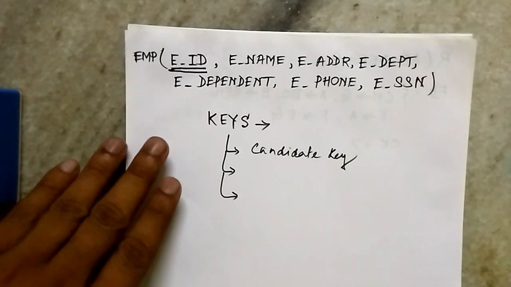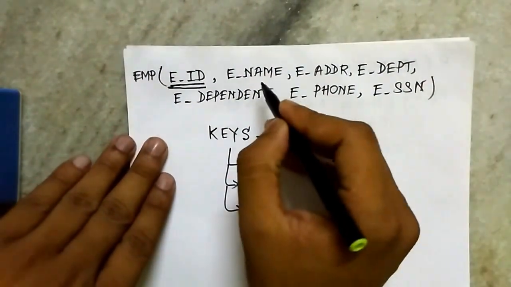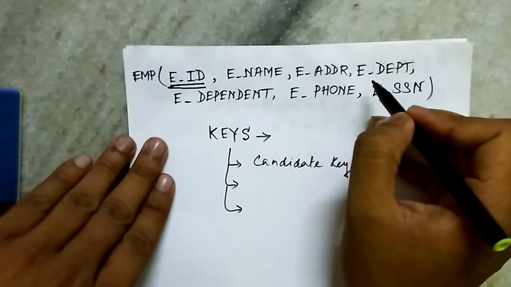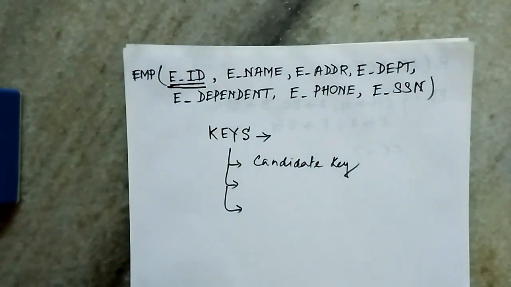But you can say that for a given address, there are like 500 employees in a company, but for a given address there is only one employee whose name is the same. Like from Kolkata, there is only one Arnab. From Bangalore, there is only one Akshay.